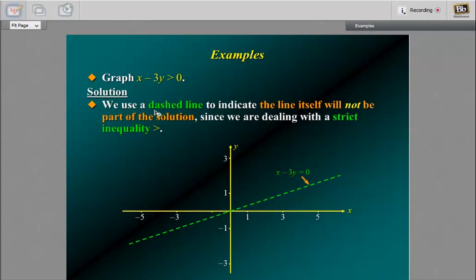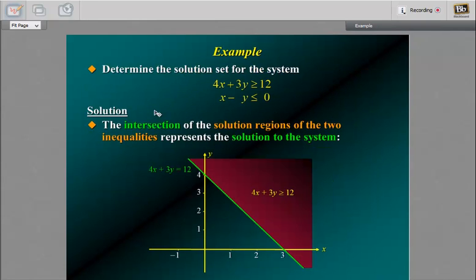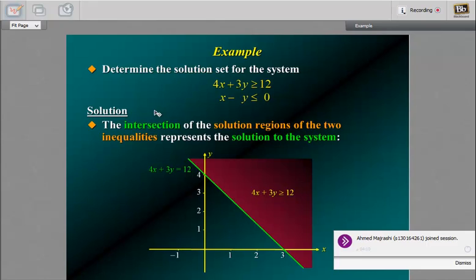This line you have to draw, and you will write the feasible region here. So again you will write these things. There are 2 equations and 2 unknowns.